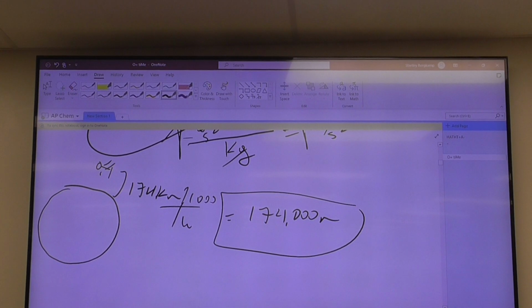Now, here's the second thing. This distance has to be measured from the center of mass of Luke to the center of mass of the Earth. In application, we measure distances from the surface of the Earth up to these things, and here's the reason why.